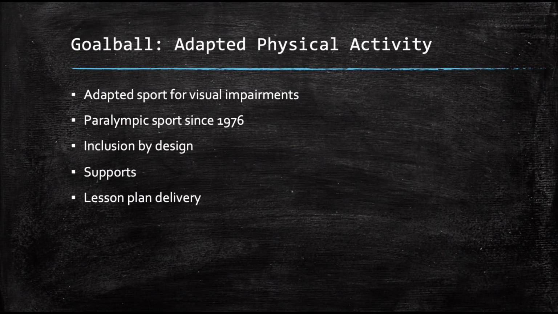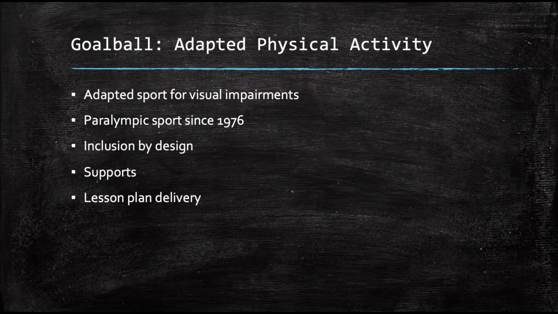Before explaining how goalball is played, it's important to explain why this sport works so well in adaptive physical activity. Goalball is played internationally and has been a core sport in the Paralympic Games since 1976. I chose goalball for my adaptive physical activity lesson plan because it represents inclusion at the design level.